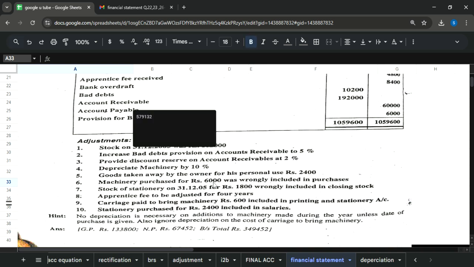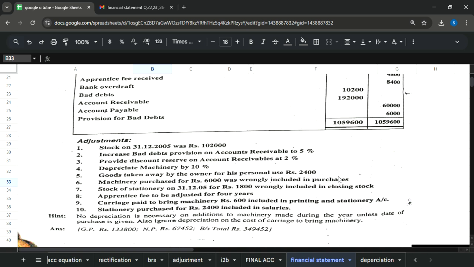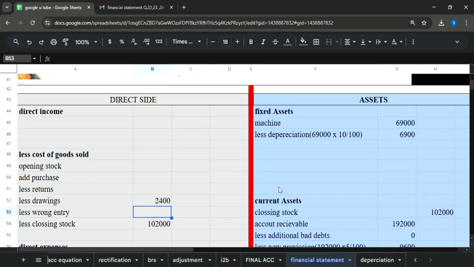Machinery purchase 6000 wrongly included in purchase. So since it was wrongly included in purchase, you will subtract because it was wrongly put. So less wrong entry, and the amount was 6000, put 6000 over here.